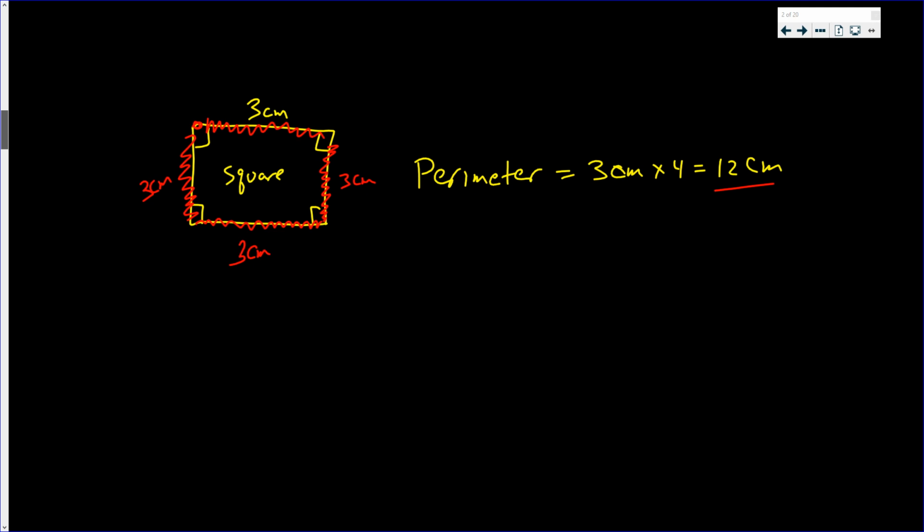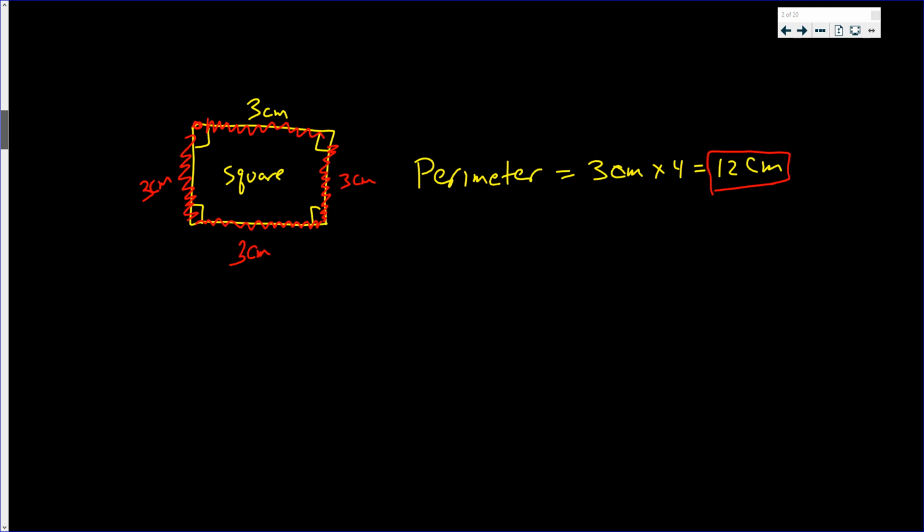Okay, it's 12 centimeters. You go to the fencing store and you say, can I please have 12 centimeters of fencing? I like to put up a 3 centimeter by 3 centimeter square garden enclosed with a fence. So please sell me 12 centimeters of fencing.